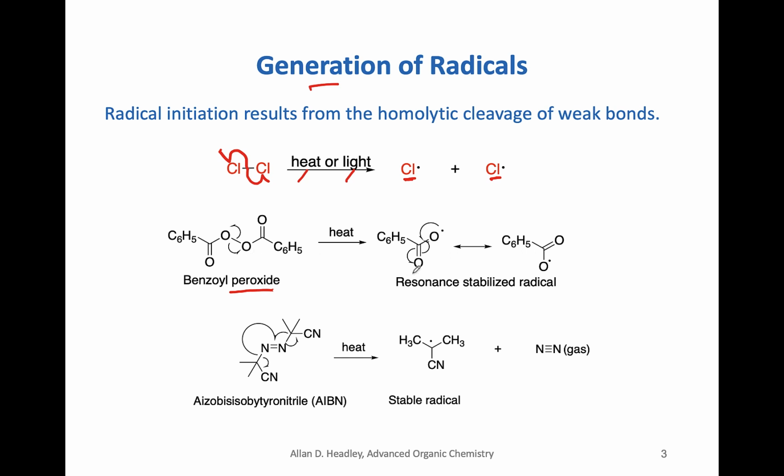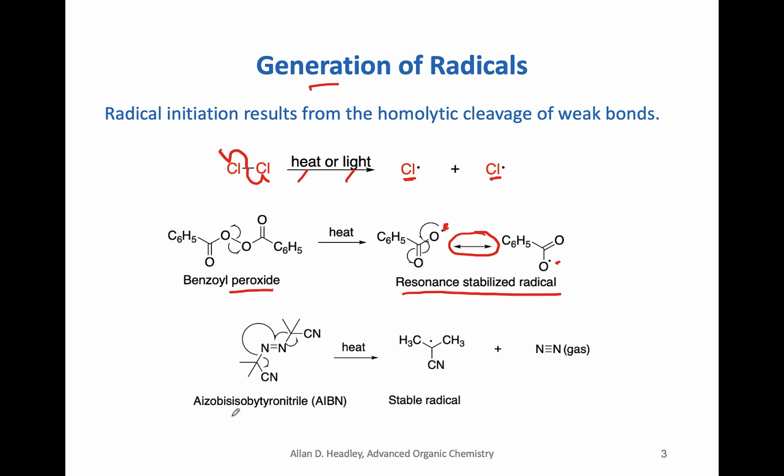This radical that's formed is resonance stabilized because it can be delocalized from here over to here, as shown using these arrows for resonance. Notice again, this is a symbol that's used to represent resonance structures.